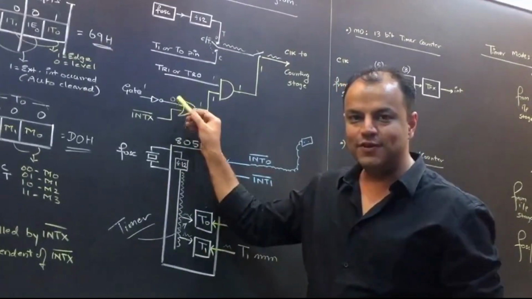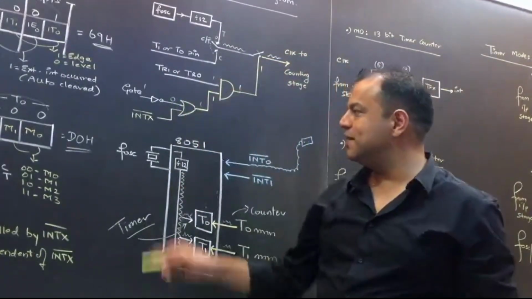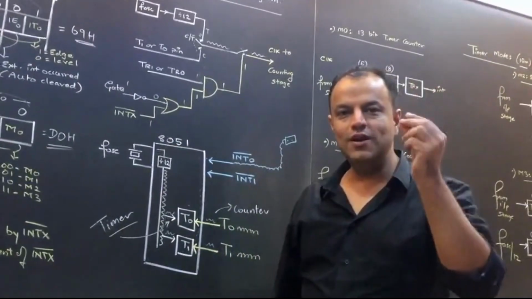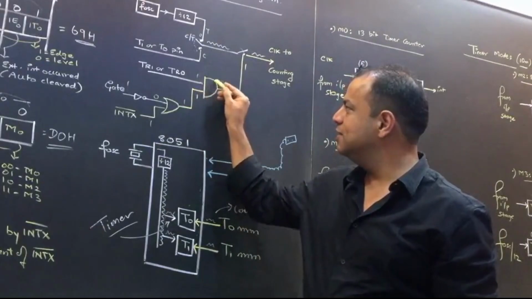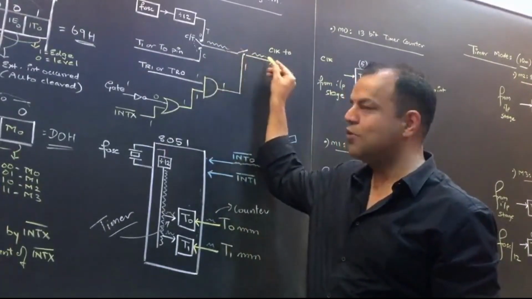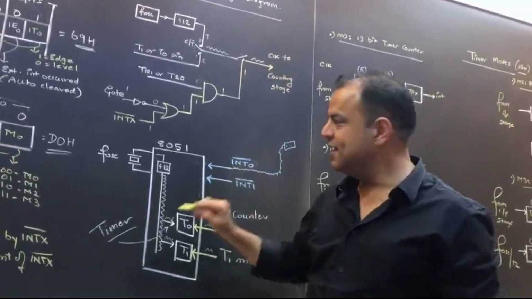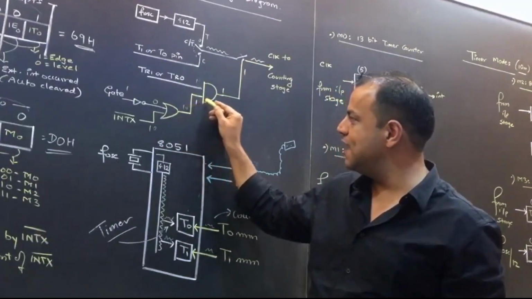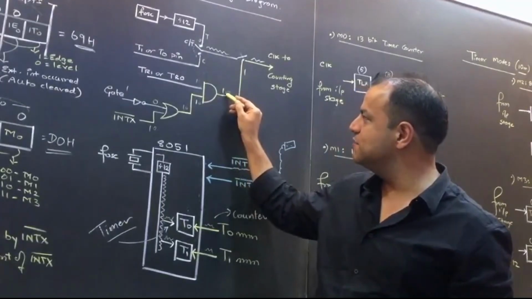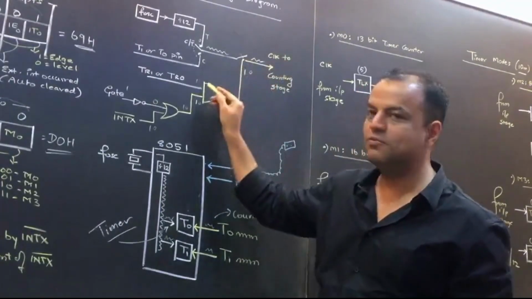If this line is 0, everything now depends upon INTX. Only if INTX is 1, this will become 1, this will become 1, and the clock will go ahead. If INTX becomes 0, the output of this OR gate will be 0, the AND gate output becomes 0, the clock will stop.